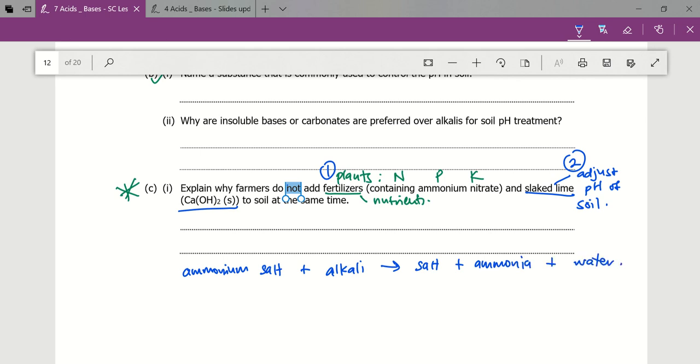So instead of the ammonium salt, which is your ammonium nitrate in this case, trying to provide nutrient for the plants, and the alkali, in this case your slaked lime, trying to adjust the pH of soil, instead of serving their purposes, they are unable to serve their purpose, but instead they react with one another.